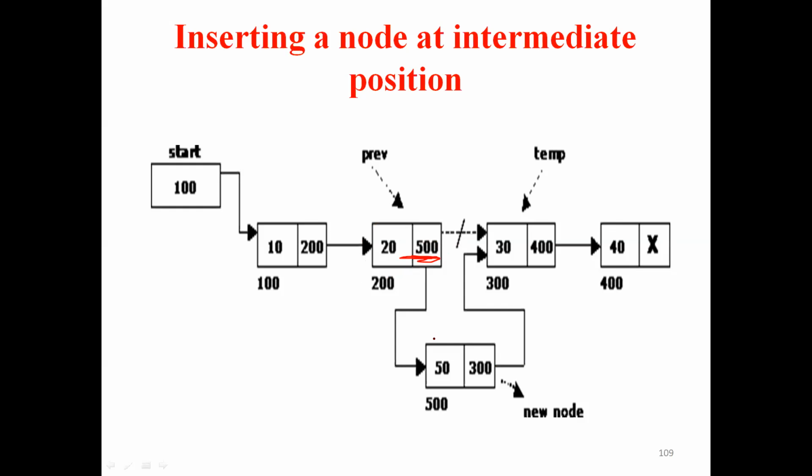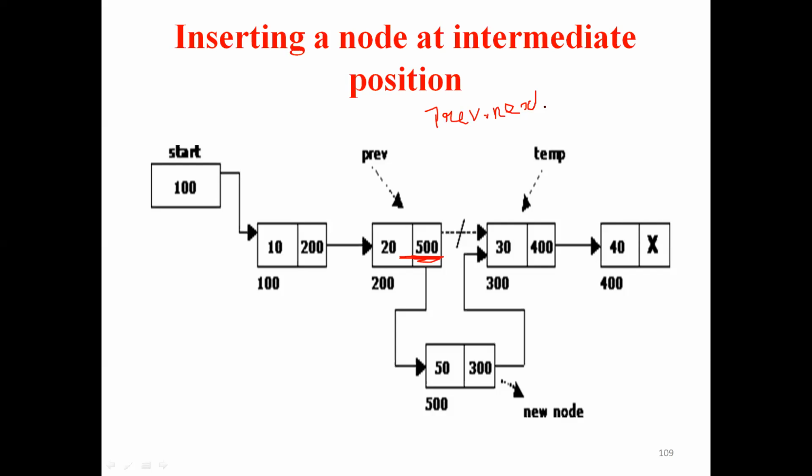Before inserting this node, what is the value? Can anyone give a reply in the chat box? Before inserting a new node, what is the value of previous next? Let me write it like this: previous dot next. How will I access this next field?